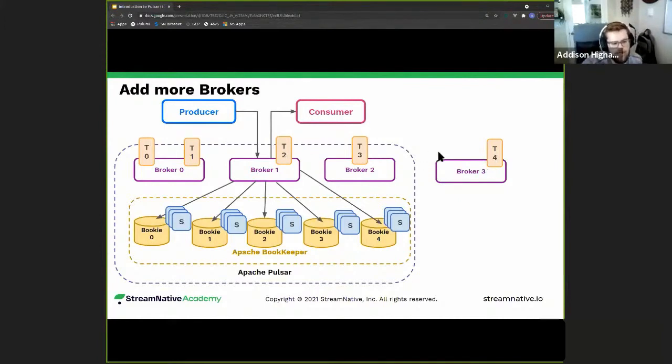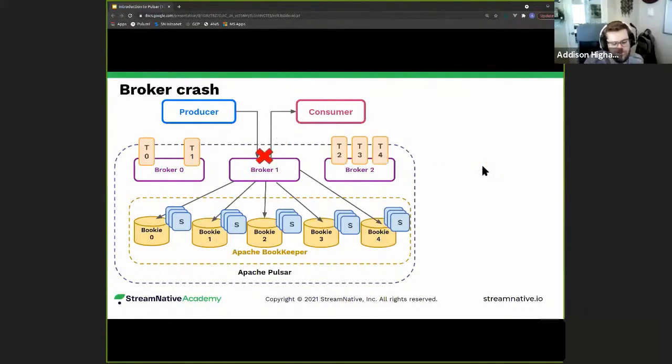Now producers and consumers who wanted to interact with topic 4 shift their connections to broker 3. They're able to resume and pick up. The Pulsar clients take care of all that complexity, so it's abstracted away from end users and allows Pulsar to seamlessly scale out and add additional capacity.